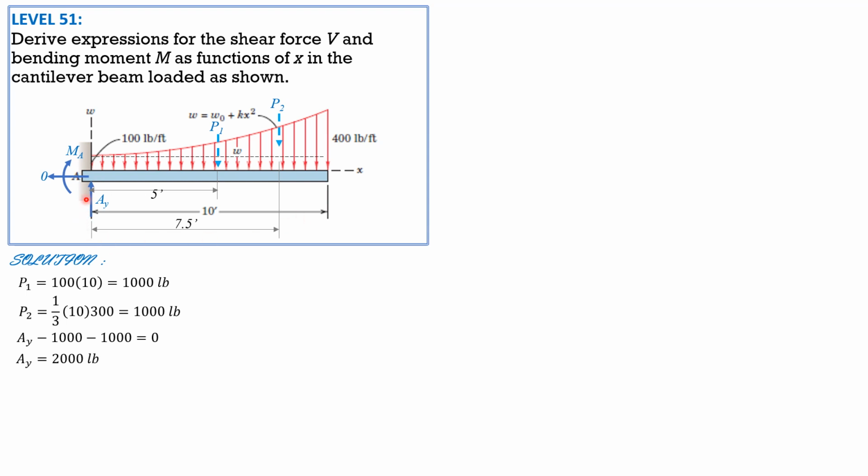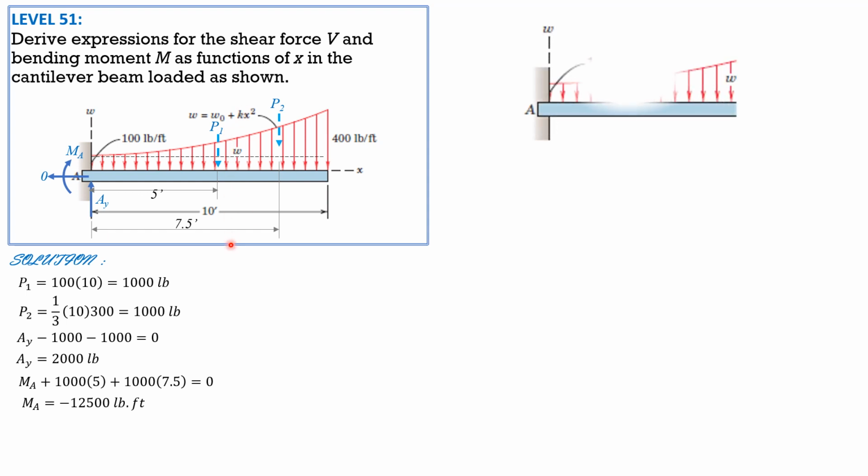And summation of moments at A: MA plus 1,000 times 5 plus 1,000 times 7.5 equals 0. So MA is equal to negative 12,500 pound-foot. So we retain the direction, but its sign is negative. So therefore, at any section x from the left, this is the FBD, and the intensity of the loading is w, general.